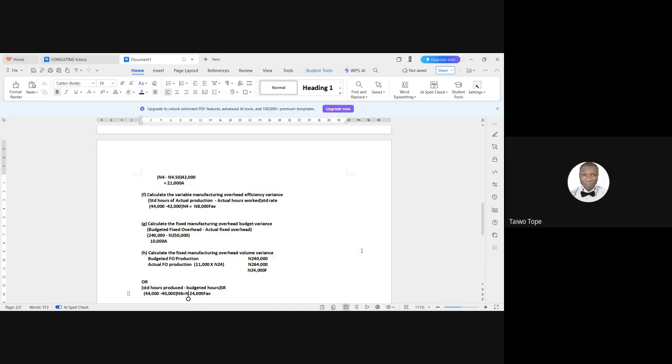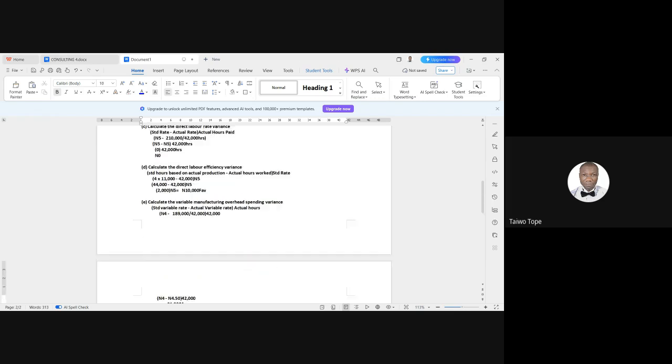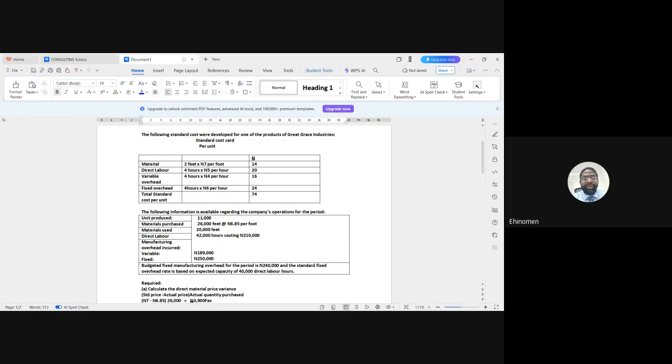So the fixed overhead absorption rate will be 6 naira per hour, which will be the same value you have in the question here.